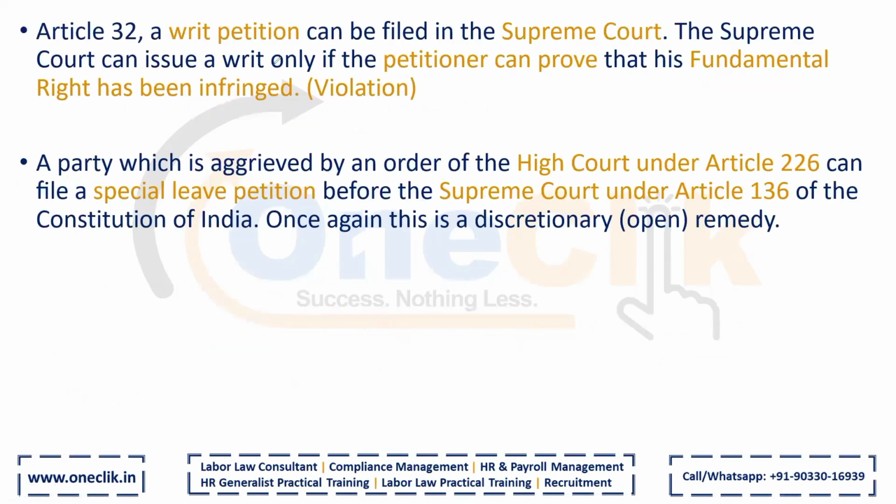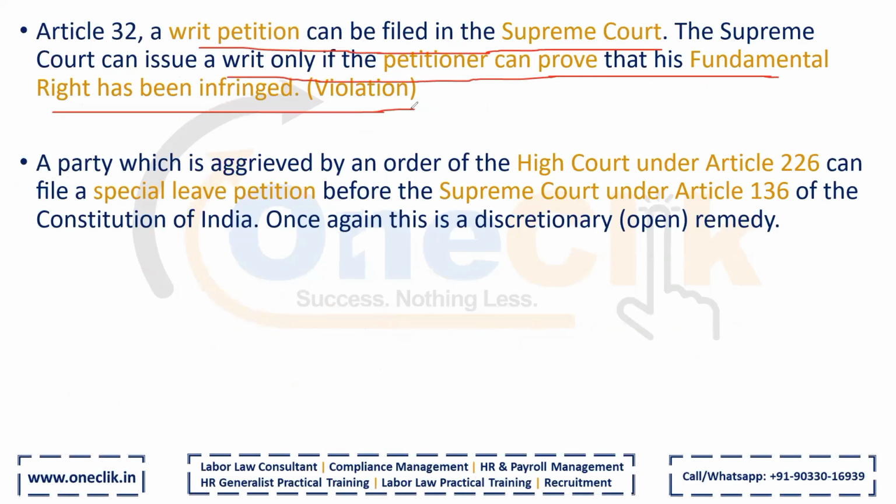Again, last one, a writ petition can be filed in the Supreme Court also, but only if the petitioner can prove that his fundamental right has been violated. Then we can file a writ petition in the Supreme Court also. But that is the last remedy we have. Before that, you have to follow the hierarchy: labor commissioner, industrial court, court of inquiry, labor court, whatever.